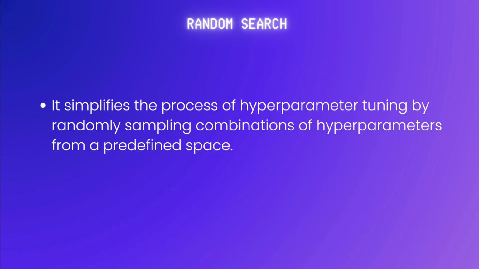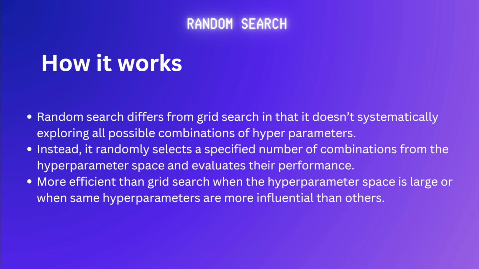And next we have the random search. Previously in grid search, we performed the search over all the hyperparameter values we had defined. But random search simplifies the process of hyperparameter tuning by randomly sampling combinations of hyperparameters from the predefined space. So let's see how it actually works.